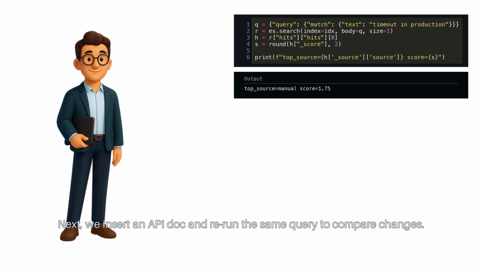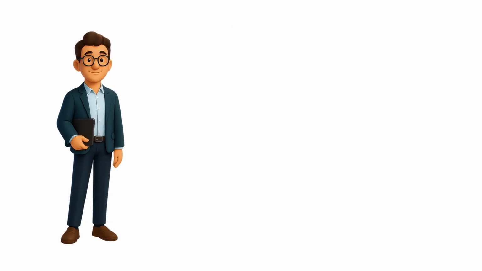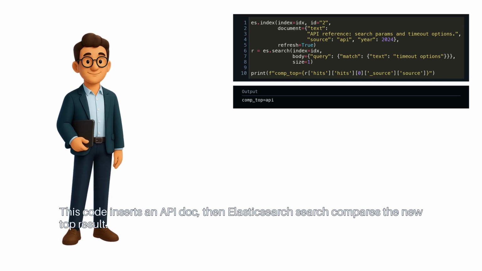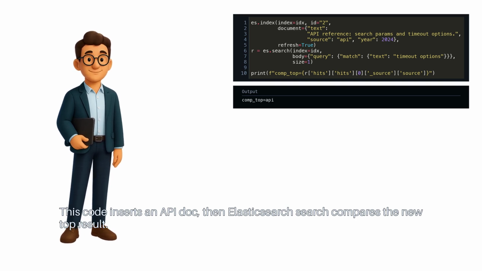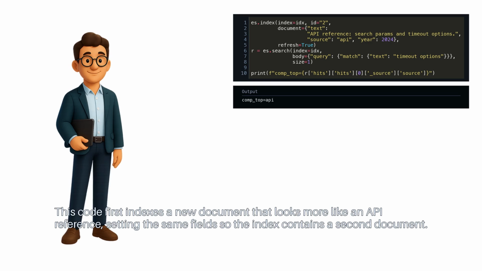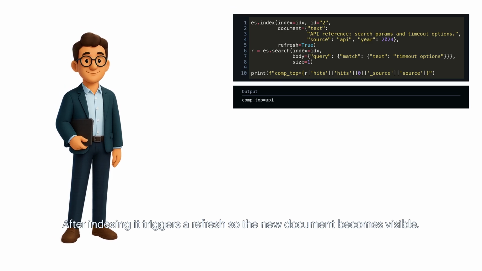Next, we insert an API doc and rerun the same query to compare changes. This code first indexes a new document that looks more like an API reference, setting the same fields so the index contains a second document. After indexing, it triggers a refresh, so the new document becomes visible.